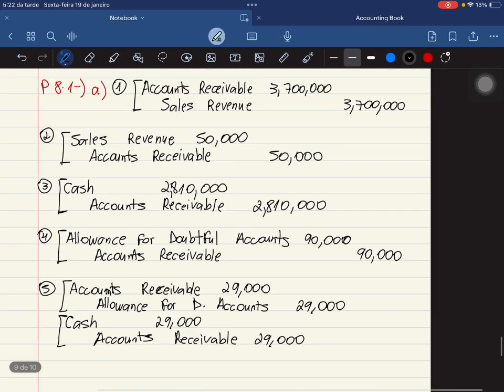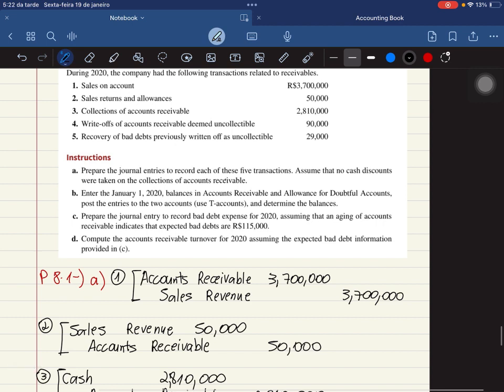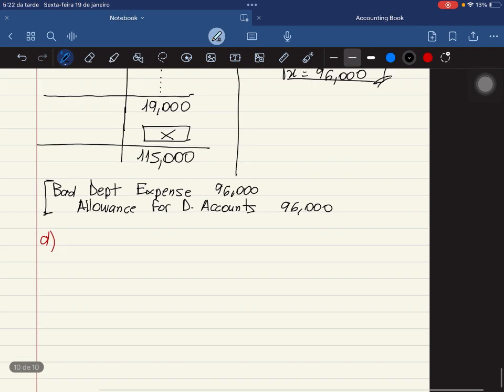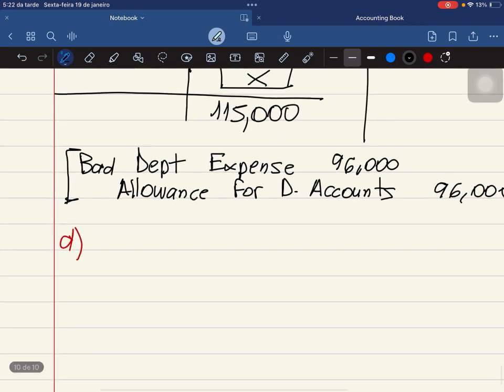Let's see letter D. Compute the accounts receivable turnover for 2020, assuming the expected bad debt information provided in letter C. Well, for this one, you're going to need some formulas. The first formula that you are going to need is the average net accounts receivable formula.